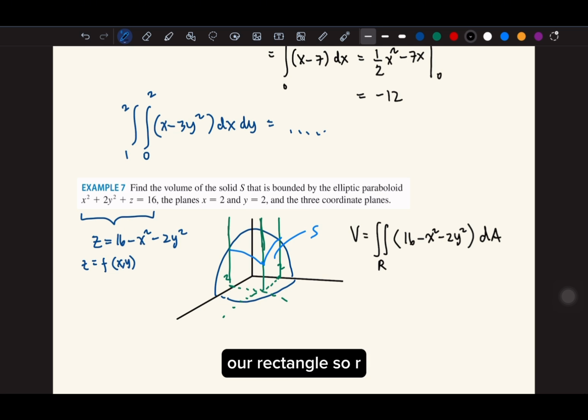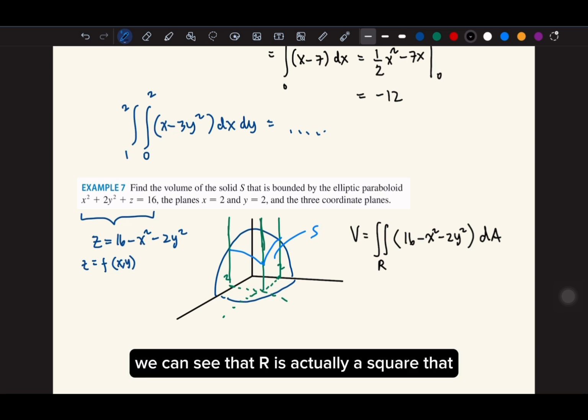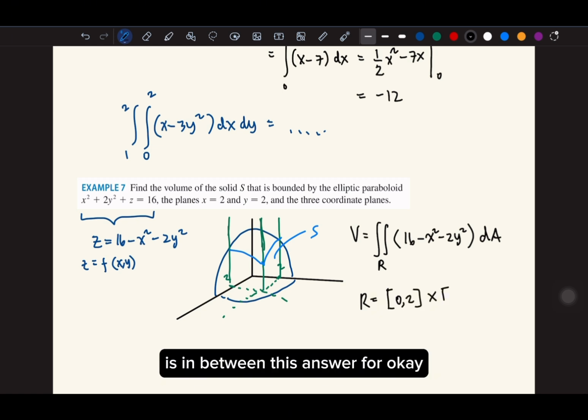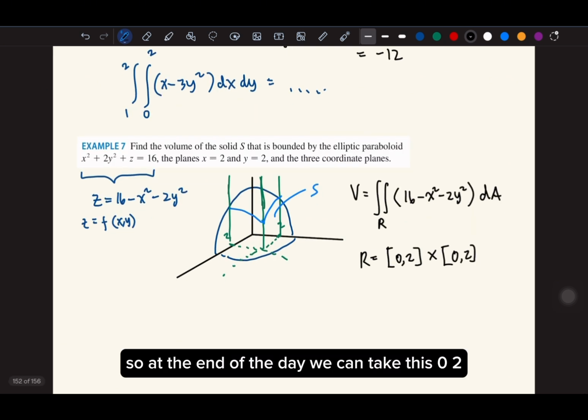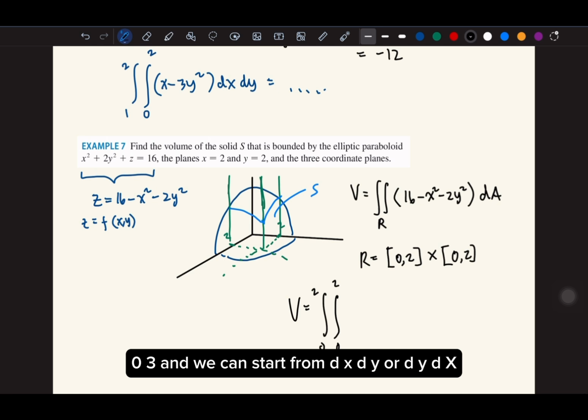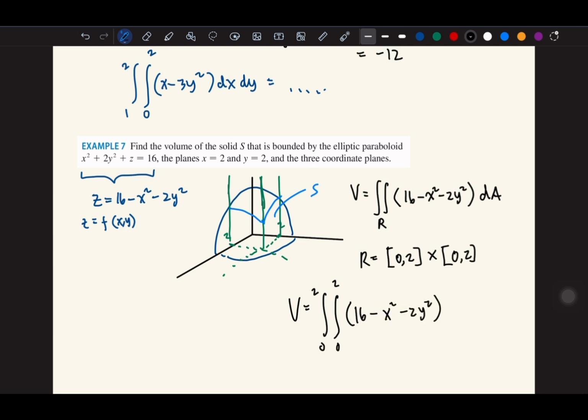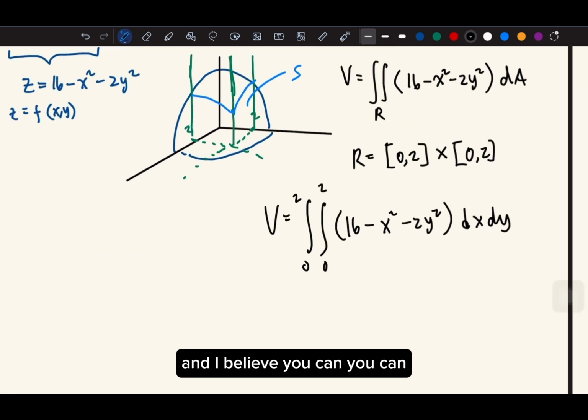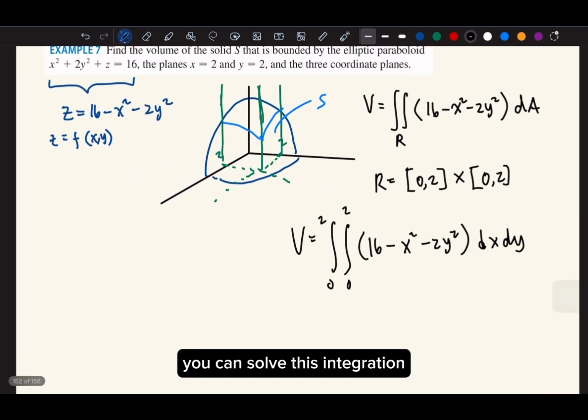So R is actually a square that is in between this interval. So at the end of the day, we can take this 0, 2, 0, 2, and we can start from dx dy or dy dx. And then we can just write everything here, and let's just write maybe dx dy. And I believe you can solve this integration.